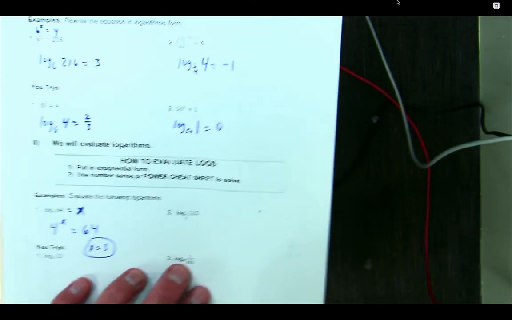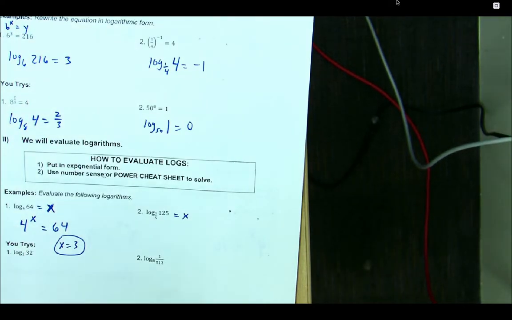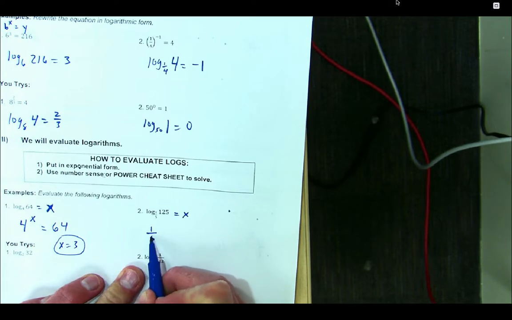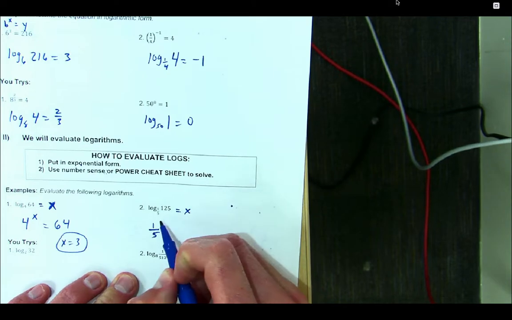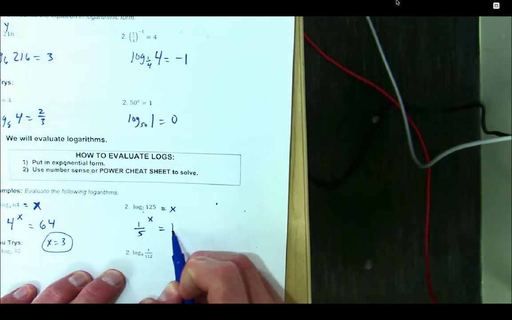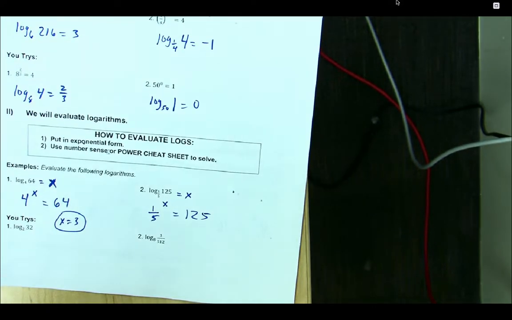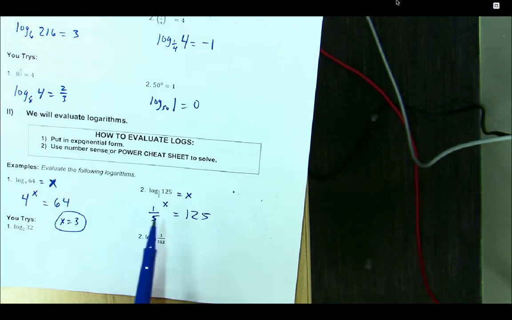All right, so let's try another example here. This thing is equal to x, so let's rewrite it in log form, or excuse me, rewrite it in exponential form. So since my base of my log is 1/5, the base of my exponent is 1/5, to the power of what's over here, is equal to 125. Don't be confused by this with the fraction and the exponent.